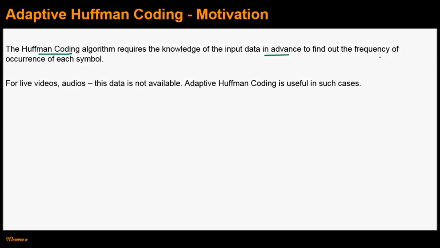So, for obtaining that frequency table, we require knowledge of the input data in advance. Now, this knowledge would not be available in advance for live streaming data like live videos, audios, etc. In such cases, the adaptive Huffman coding algorithm is very useful. Okay, now let's look at the algorithm.